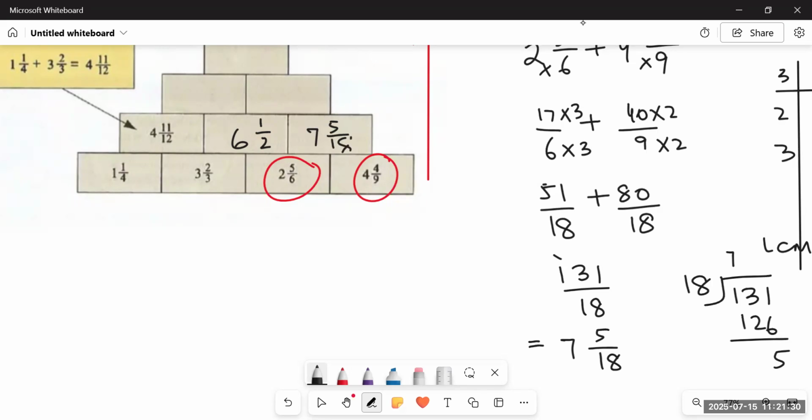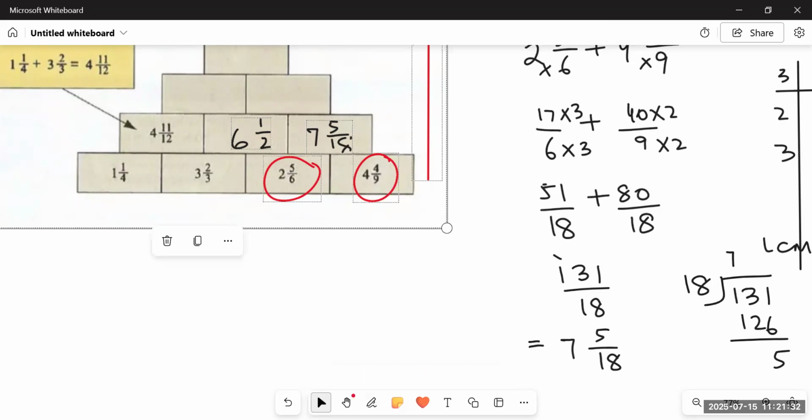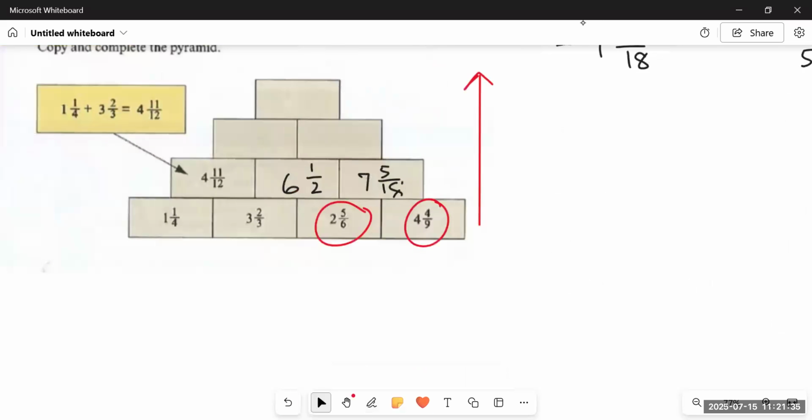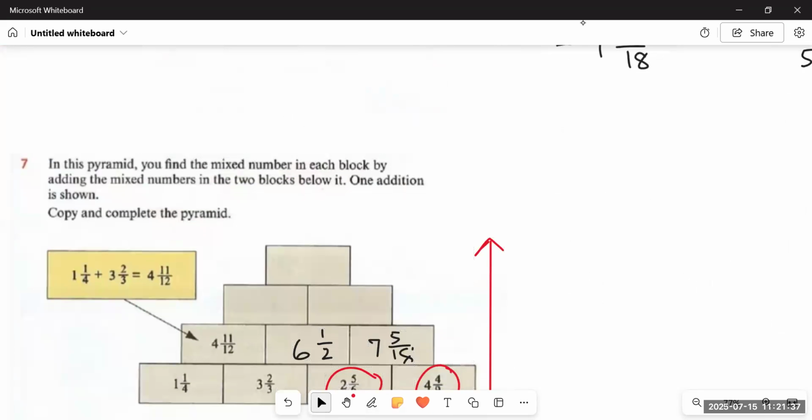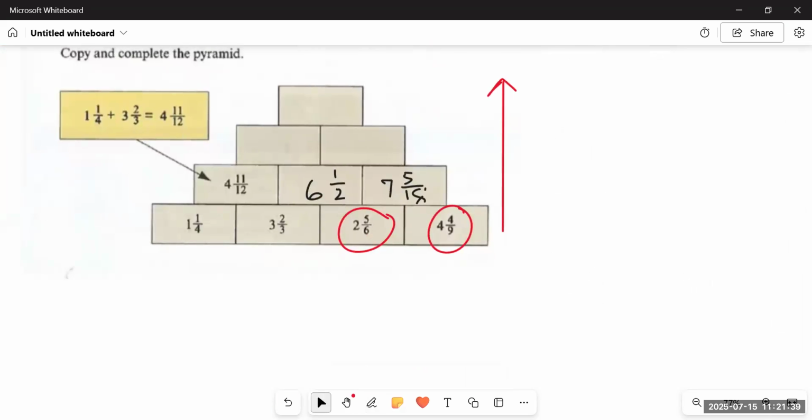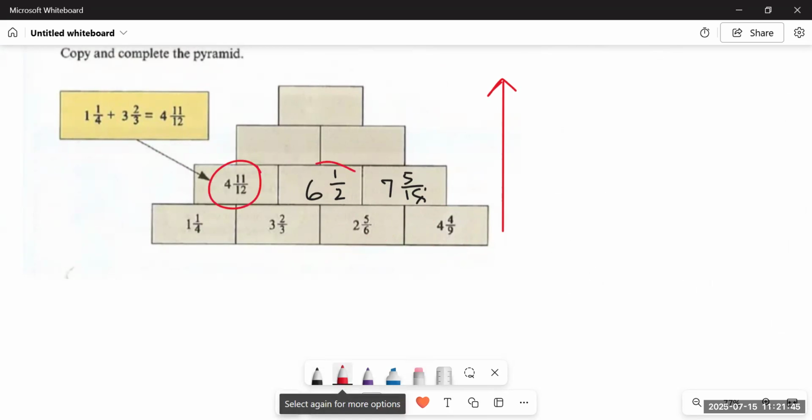Okay, students, now let's go further on. Now we have 3 fractions in the second row from bottom to top. So we will take these 2 fractions now and solve them the same way: 4 whole 11 upon 12 plus 6 whole 1 upon 2. You can do one more thing over here, students.